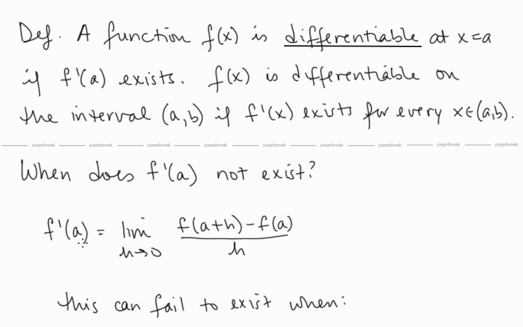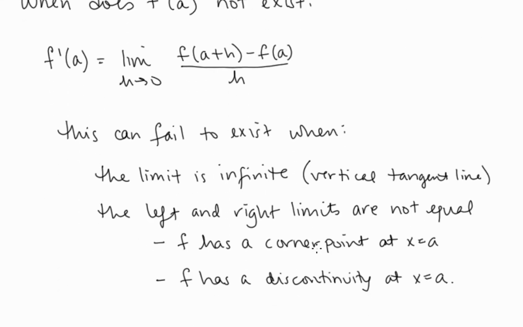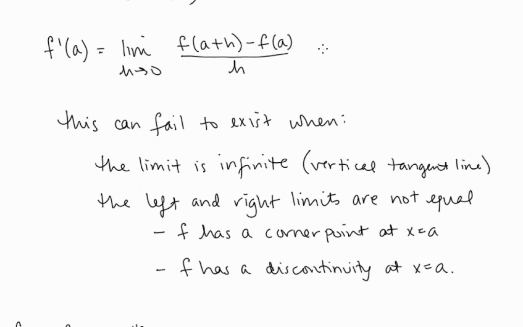Well, we know that f prime of a is the limit as h goes to 0 of (f of a plus h minus f of a) over h. So for this to not exist means the limit does not exist. And this limit can fail to exist if the limit is infinite, and in that case our function would have a vertical tangent line, the slope would be infinite.